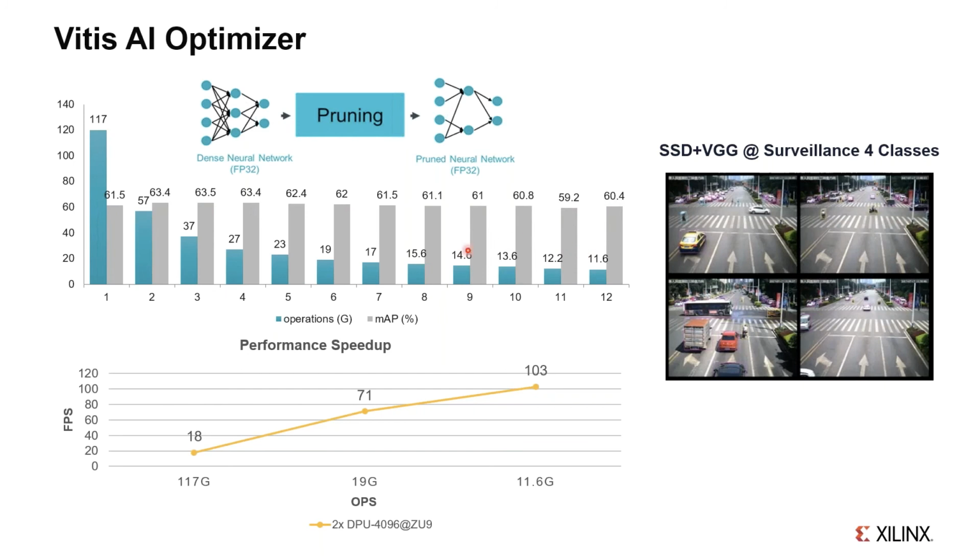Now, you can obviously stop at any one of these steps. You don't have to continue and continue. You can do 1 iteration, 2, 10, whatever you like. And you can see even in some cases that the mean average precision has actually increased. So we've reduced the network, but the metric has increased.